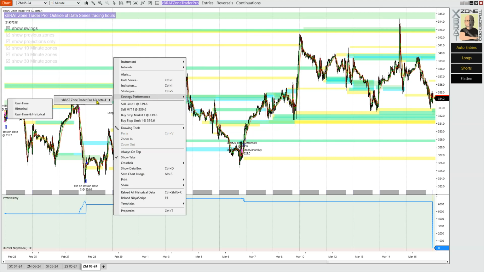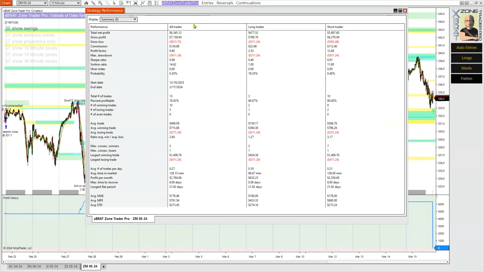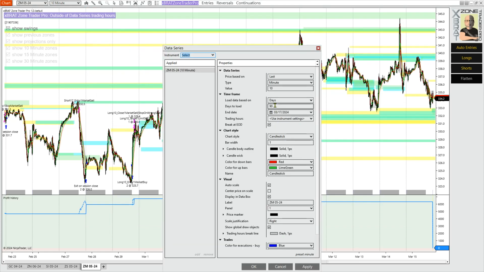Just going to look at the strategy performance. It's not a great deal more net profit, only 13 trades. So going back that far actually solidifies what we've got over the last 60 days. We've got the right time frame. So I'm going to put the data series back on the last 60 days.